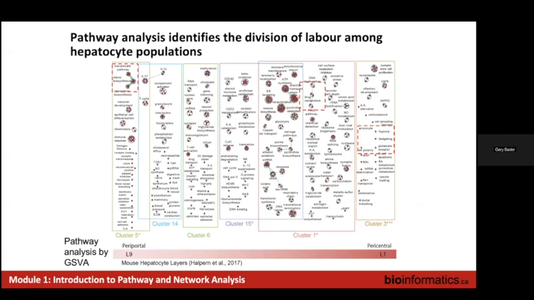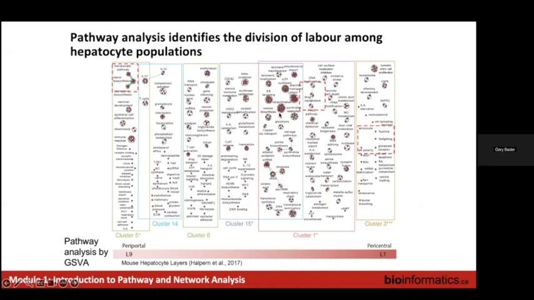And so we organized our hepatocytes along that gradient, with periportal on one side and pericentral on the other. Then we did a pathway analysis for each of these hepatocyte groups, and we summarized them again within an enrichment map, these little circle diagrams.